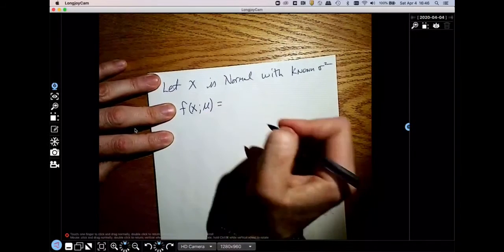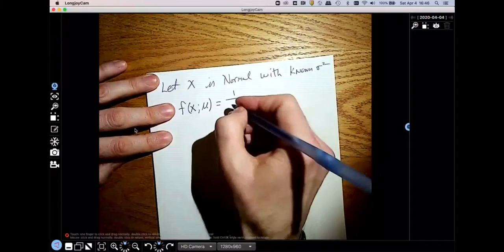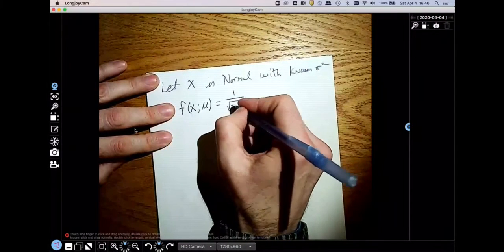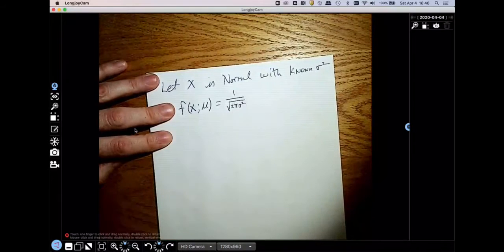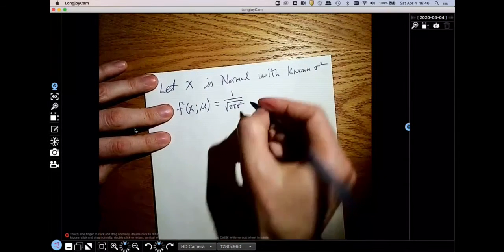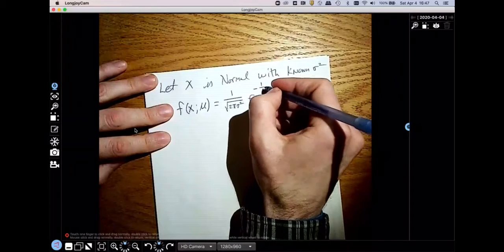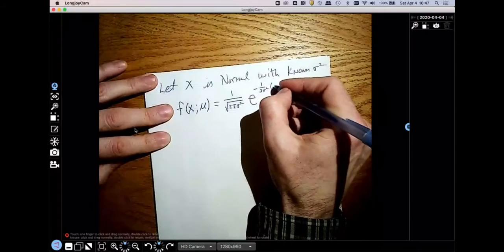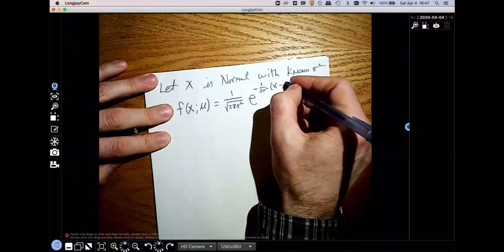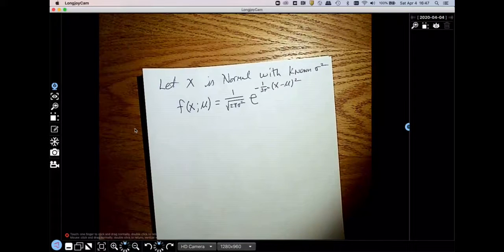So what is the PDF of a normal? Well, it's 1 over the square root of 2 pi sigma squared. Make sure that square root covers everything. Then I have e to the negative 1 over 2 sigma squared times x minus the mean squared.